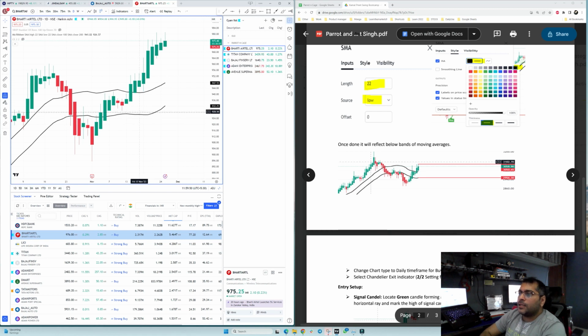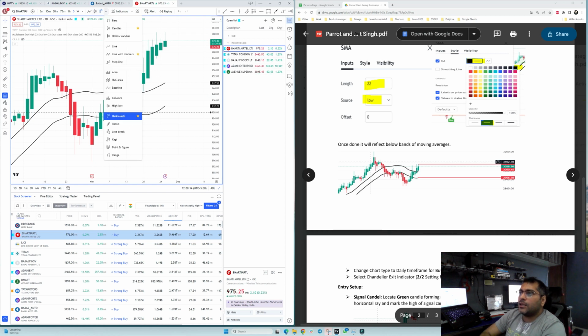Now the setup says the price should not be inside this cage or below this cage. When the price comes outside this cage, like here, we have to select that candle, which is, sorry, this is Heikin Ashi candles.